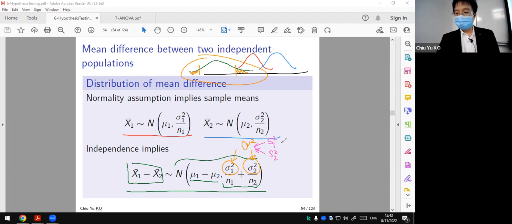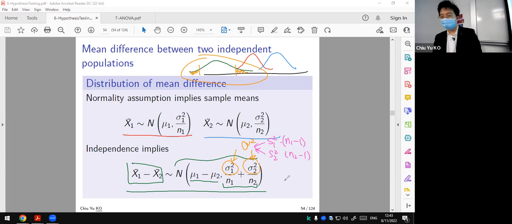The weights used are N1 minus 1 and N2 minus 1. So that's why the weighted average of these two comes up as what we call the pooled sample variance, and that will be our way to do the t-test.